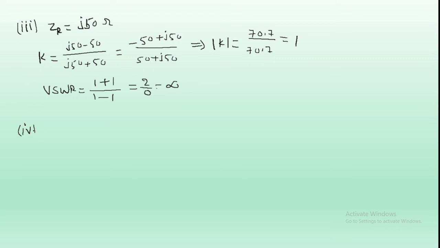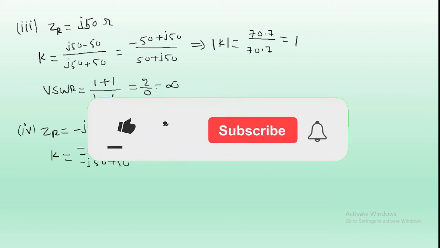Next, fourth bit solution. The end of the transmission line is terminated in ZR equal to minus j50 ohms. The reflection coefficient K is equal to ZR minus Z0 by ZR plus Z0, that is minus j50 minus 50 divided by minus j50 plus 50. So take the magnitude on both sides.